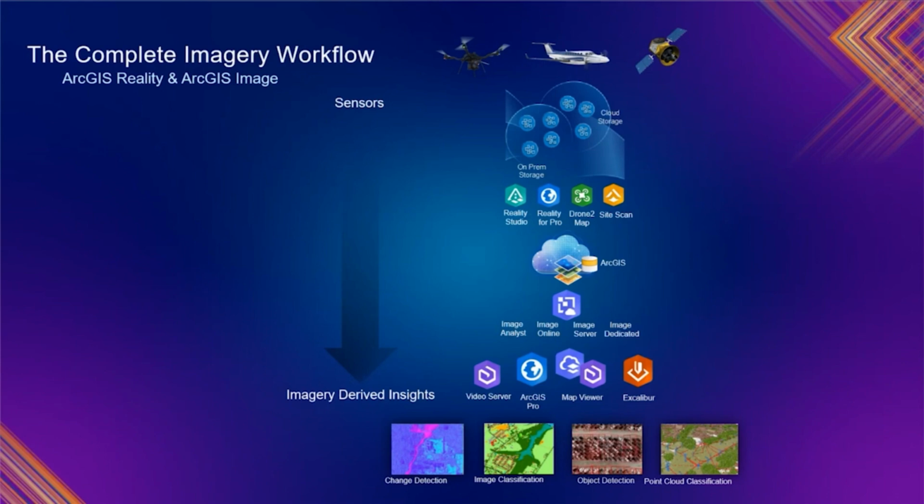Now you have data coming from these sources. You are using something like Reality Studio, Pro, Drone2Map or SiteScan for creating this data. Now that data is coming to your ArcGIS environment. Based on what kind of data you have, you can choose either ArcGIS Online, or you can choose your server, or you can choose the other things.